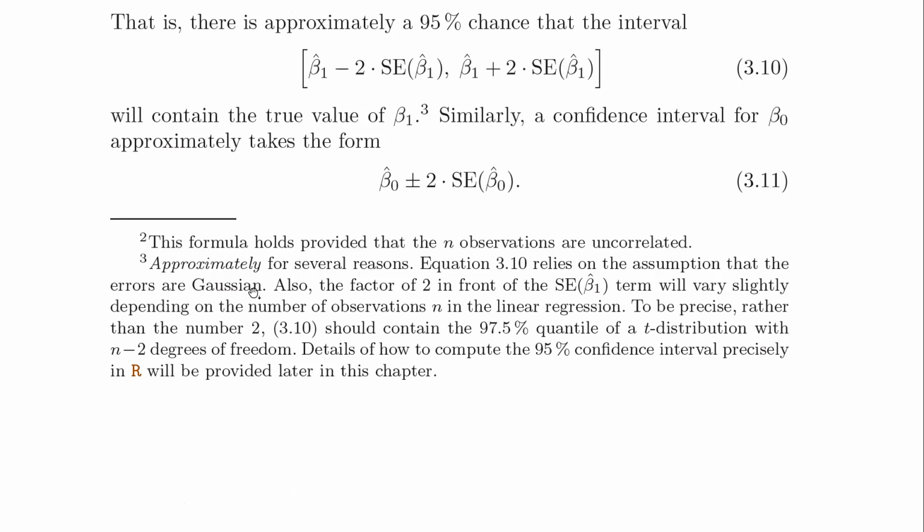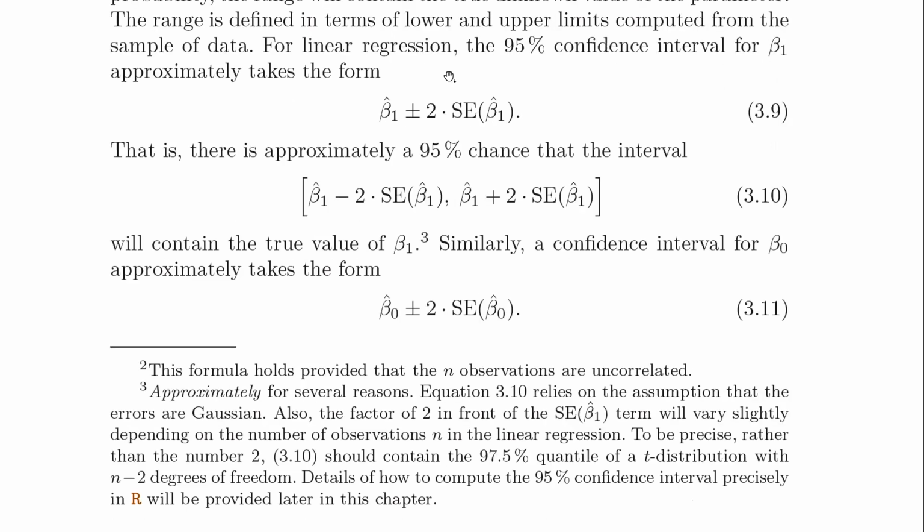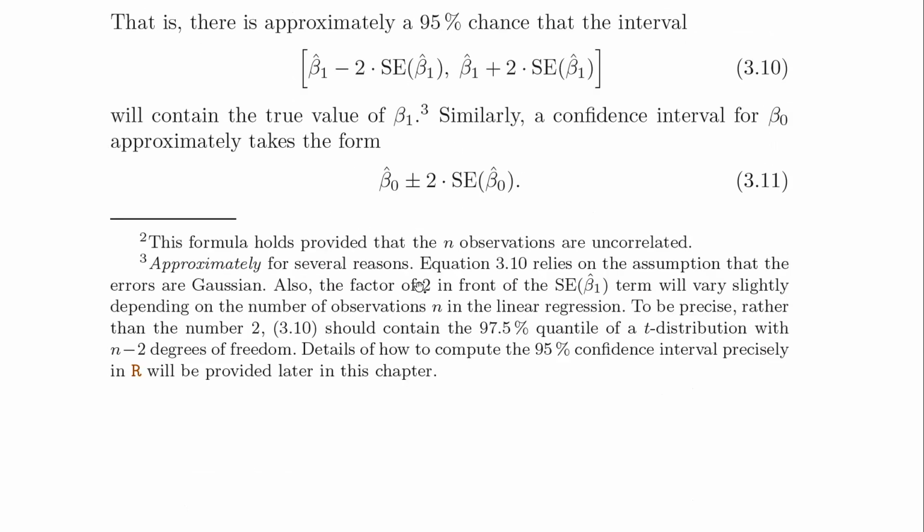Now, approximately for several reasons. For example, if you're asking where did the 2 come from, that comes from a specific probability distribution. Equation 3.10 relies on the assumption that the errors are Gaussian. Gaussian means just normal distribution.